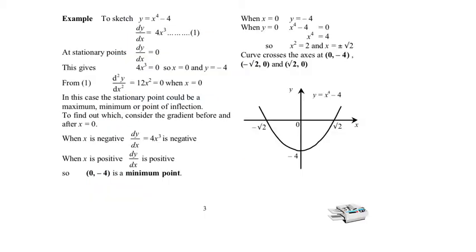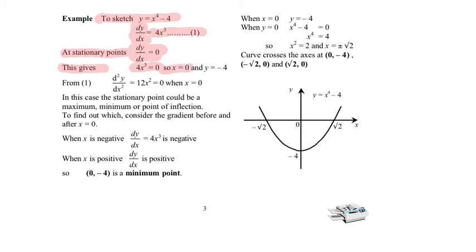The final example is to sketch the graph y equals x to the power of 4 minus 4. So find the first derivative, which is 4x cubed. Find the stationary points by putting the derivative equal to 0. This gives 4x cubed is 0, so x is 0.